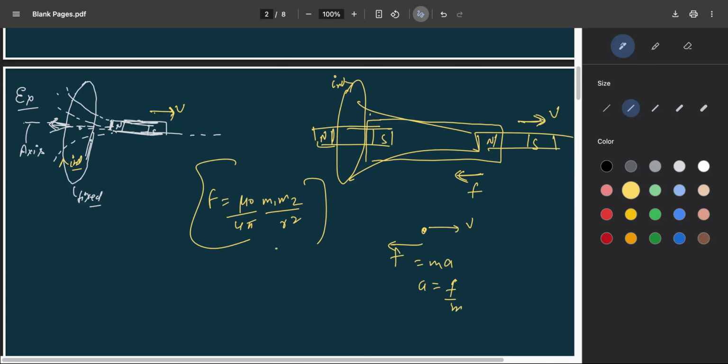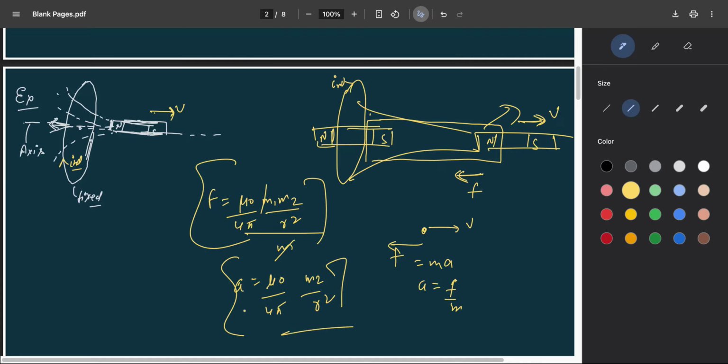This kind of force will be there, right? Dividing the whole thing by the mass results in an acceleration of mu naught by 4 pi m2 divided by r squared. Because of this acceleration, your object will have a negative acceleration basically. This acceleration will make this velocity reach zero.